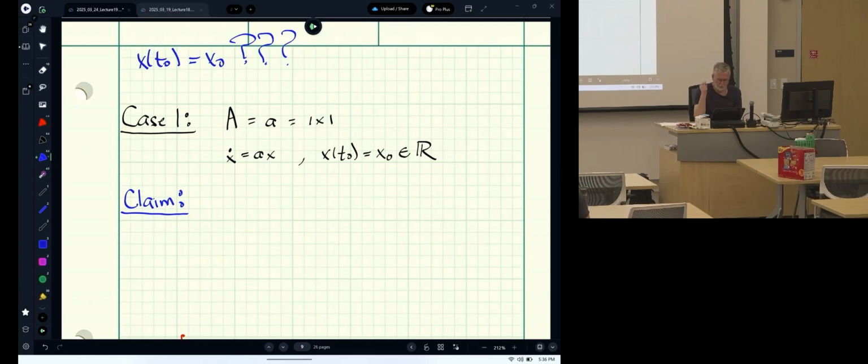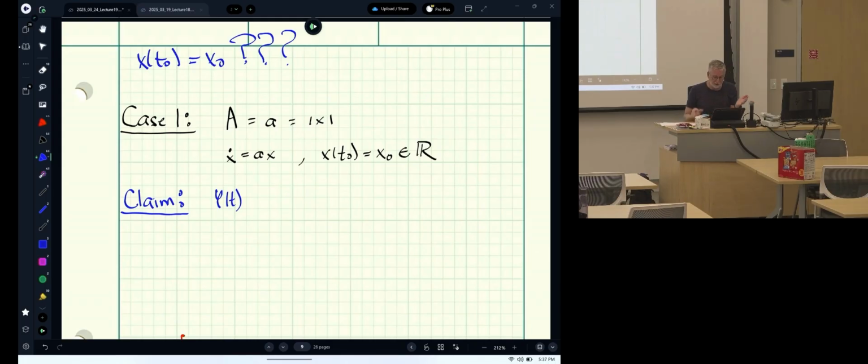Okay, what function do you know that when you differentiate it, you just bring down a constant and you get the function back? I mean, that's what we need. We need the derivative of x to be just proportional to the function itself.